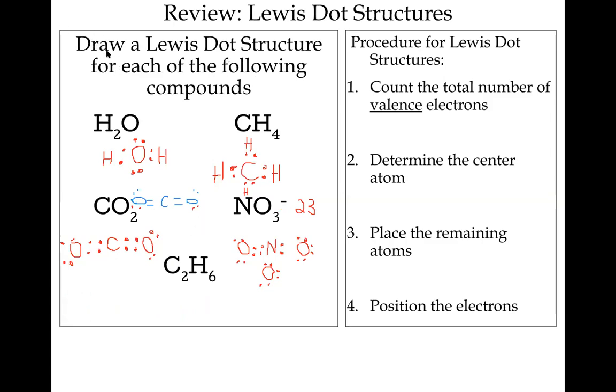Okay, so C, H. You know, I'm gonna pause it. I'm gonna write this on the board because I think that my handwriting is not going to do this justice.